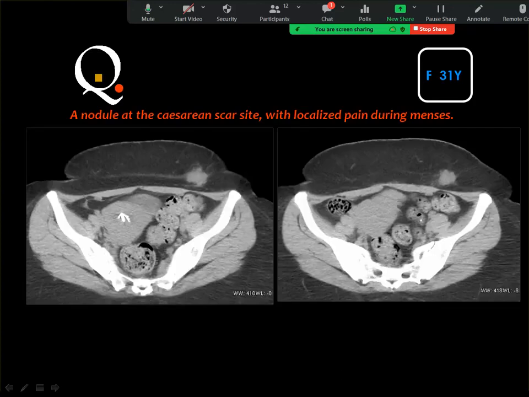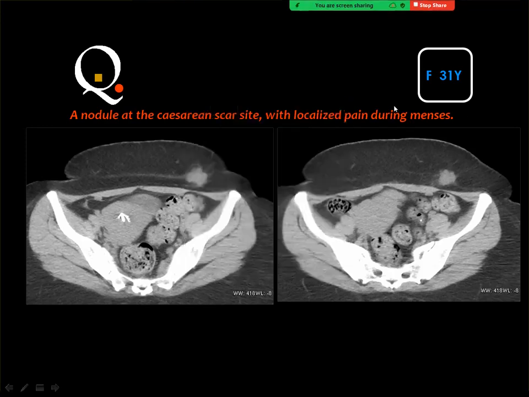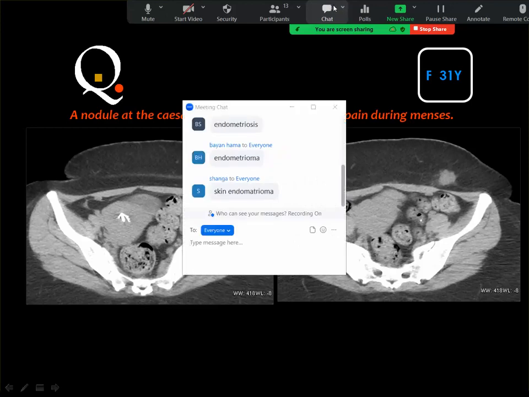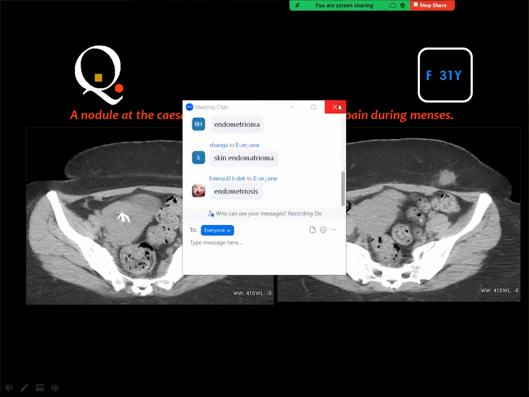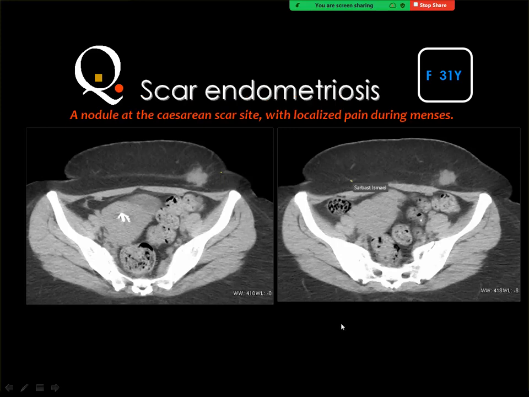Next case is a female patient, 31-year-old, with a nodule at the cesarean scar site, localized pain during menses. Yes, and this is what we call a scar endometrioma or endometriosis.